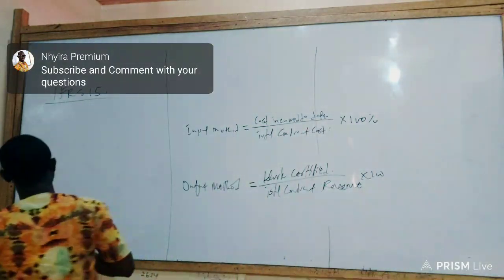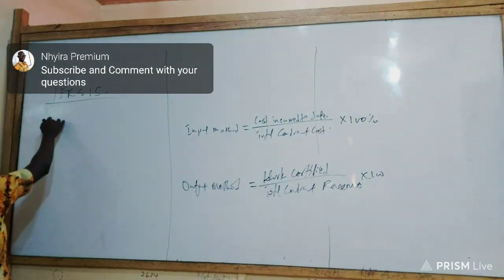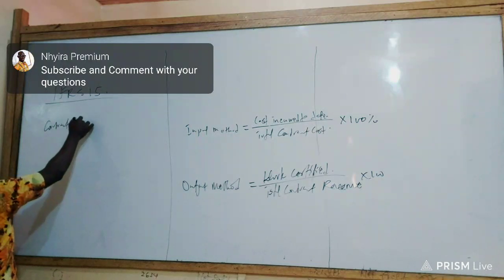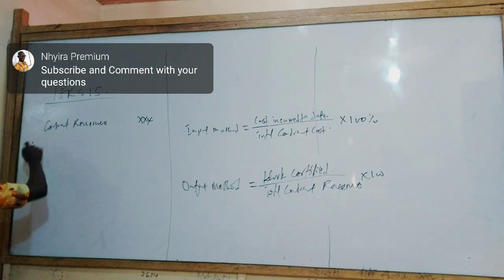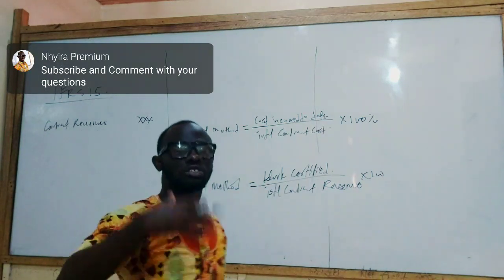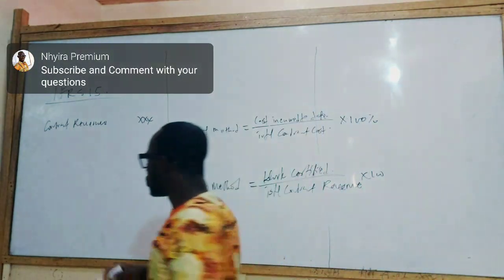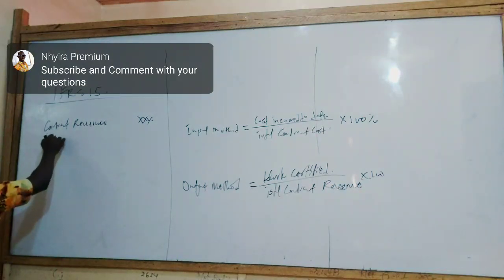So what we bring is contract revenue. Then we will bring the total contract cost.